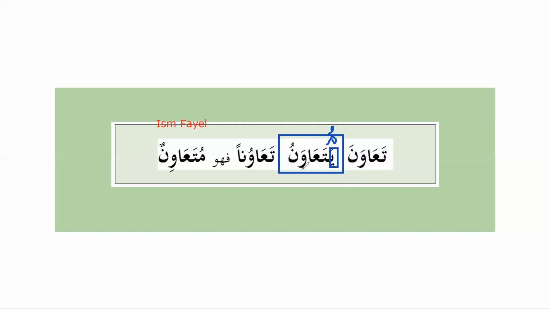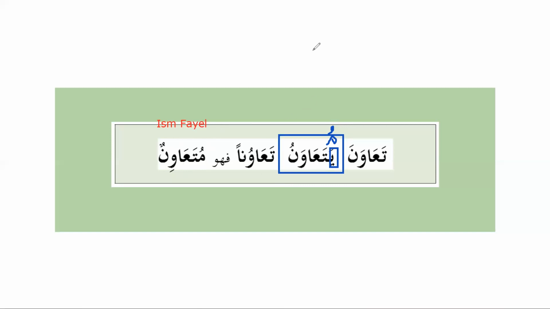But this family is fatha family, so in present tense we have fatha on the ain letter also, but ism fa'il has kasra. So over here, the addition of mu, mim with dhamma, and kasra on the ain letter, then it becomes ism fa'il.